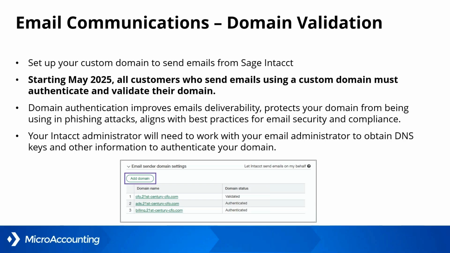This is under your company configuration, and this allows you to set up your domain so that those emails look like they're coming from your system and your email, versus coming from an Intacct email that's potentially not known to your clients, your vendors, and anyone you're sending emails to from the system. Again, this starts effective May 2025, but you can go in already and set this up.